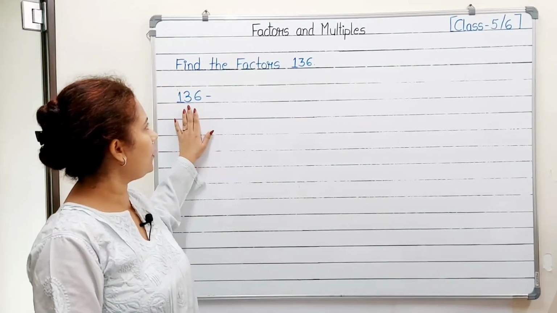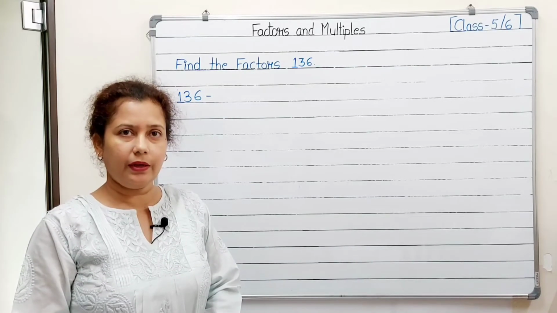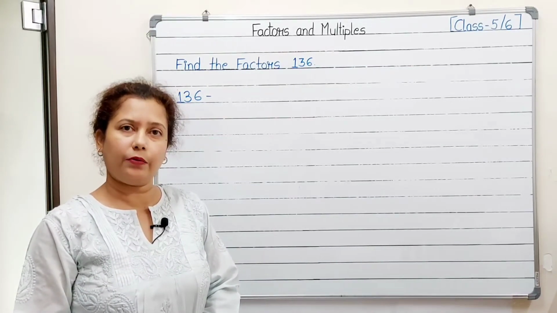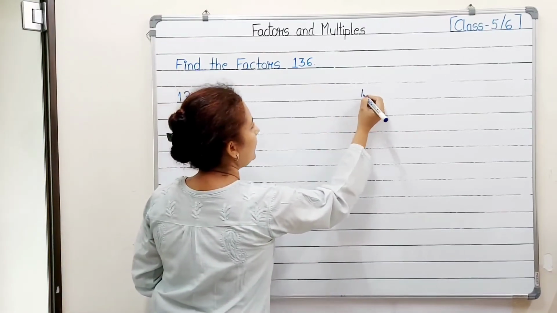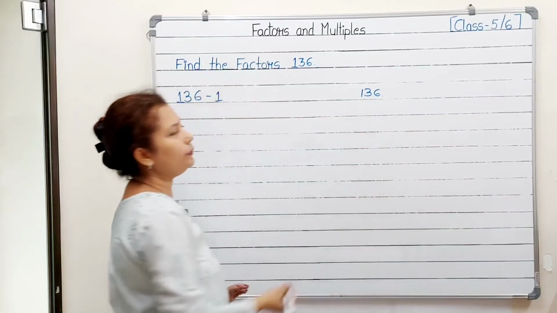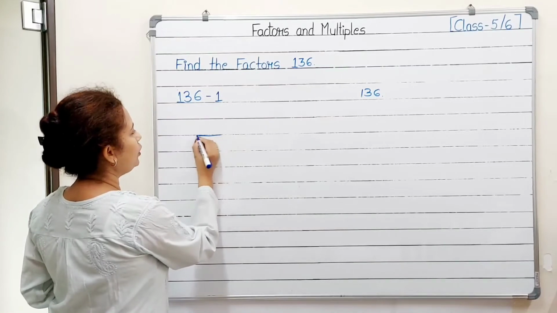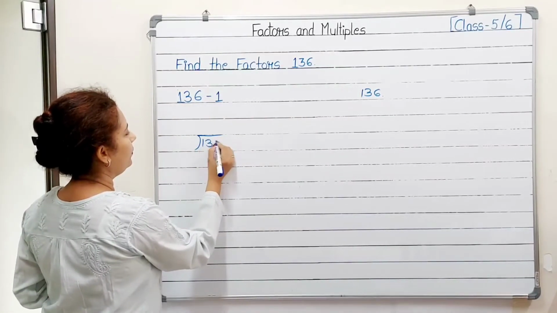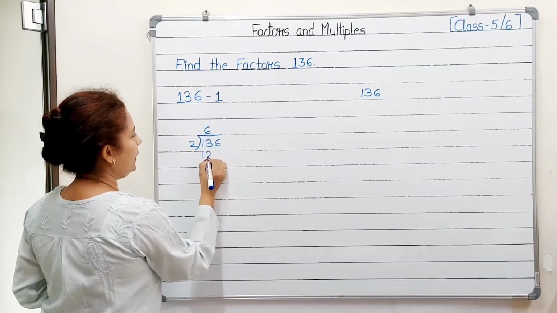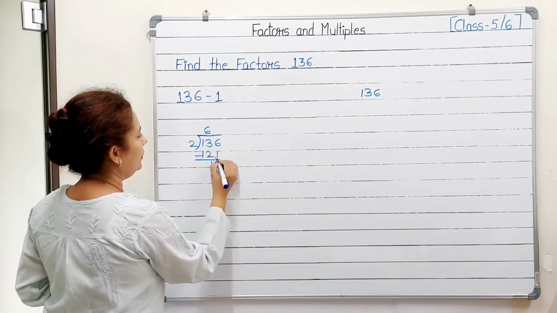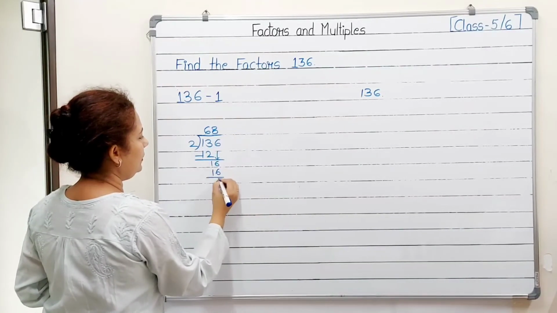Next, factors of 136. 1 is a factor of every number and a number is a factor of itself. So here we can write 1 and 136 are two factors of 136. Now we will divide it by 2. 2 into 6 is 12, 16, 2 into 8 is 16.